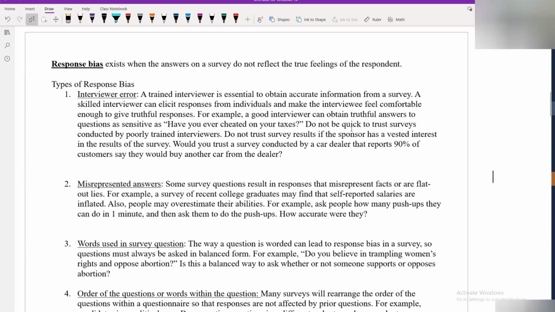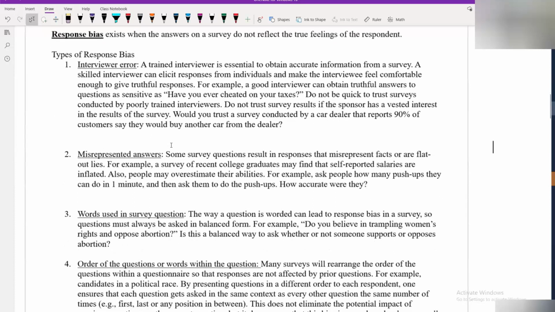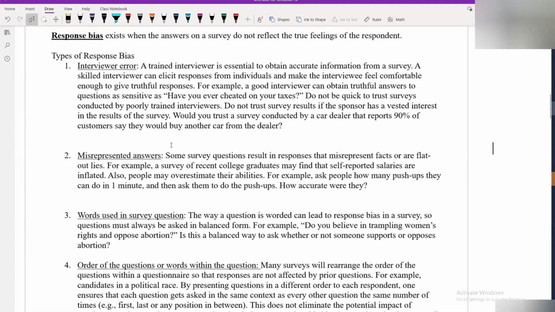So do not be quick to trust surveys. Do not trust survey results if the sponsor has a vested interest in the results of the survey. Here we have another question: would you trust a survey conducted by a car dealer that reports 90% of customers say they would buy another car from the dealer?